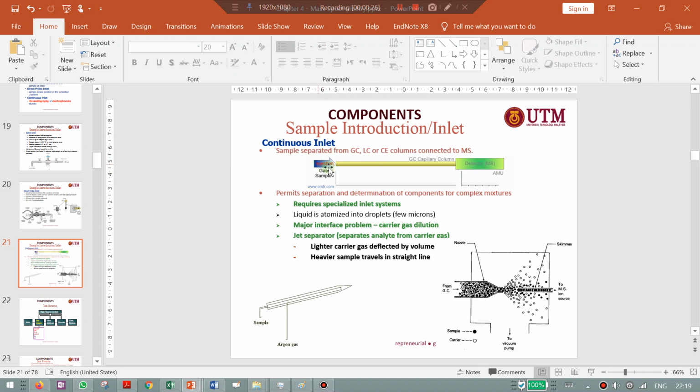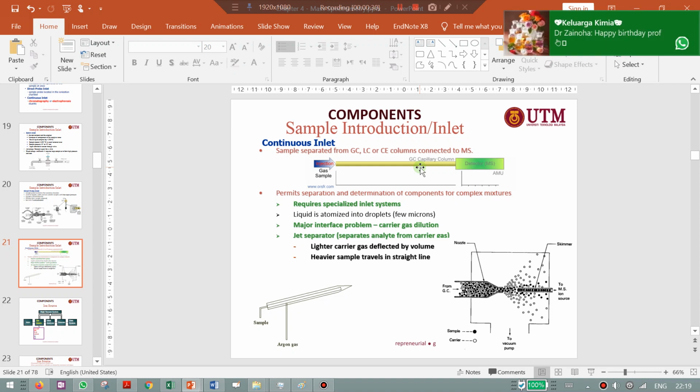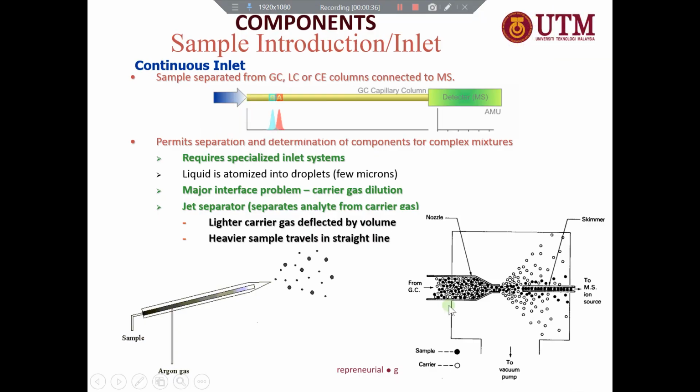We have the sample injection, it goes through separation at the GC column, and then it reaches the detector. Okay, this is what happens. Your sample is separated at the column, then substance A, and then substance B. Again, substance A will produce its own spectrum, and substance B has its own spectrum.